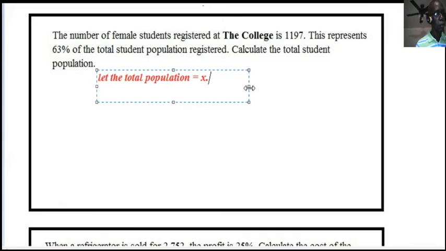Sixty-three percent of the total population equals 1,197. 63% is 63 divided by 100. As a decimal it is 0.63. So 0.63x equals 1,197. Remember, this is an equation. So to get x, we must divide 1,197 by 0.63.